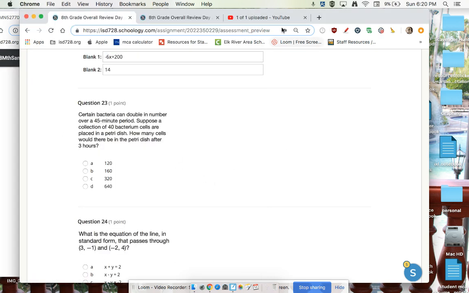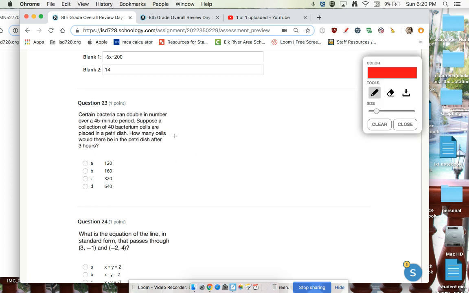So a is the initial amount. The initial amount was 40, times your growth factor, and my growth factor was 2. I kept doubling, so times 2 to the, and then it says 3 hours, but the doubling is in 45-minute increments.